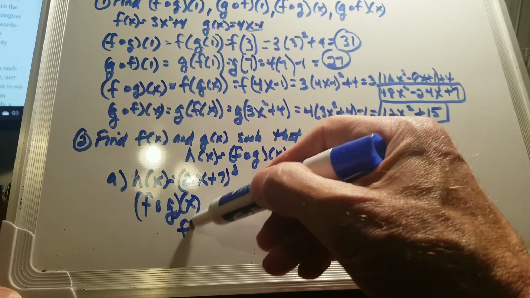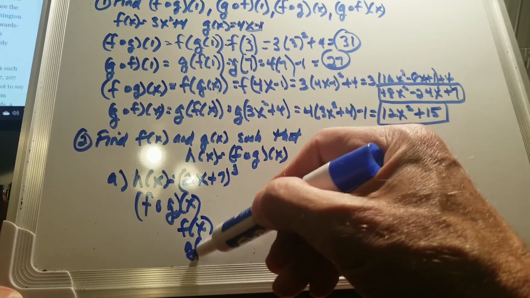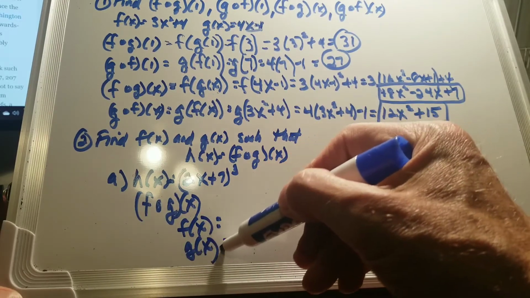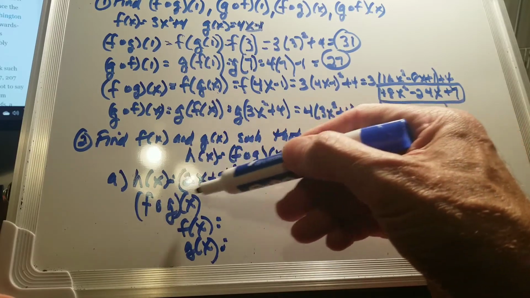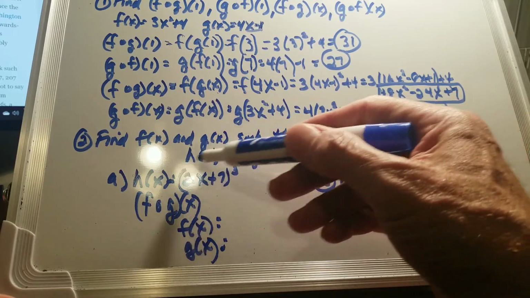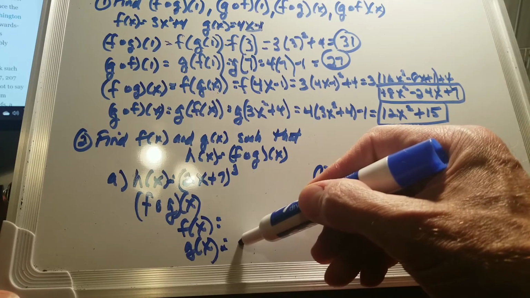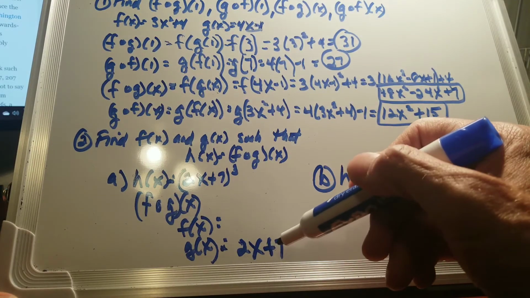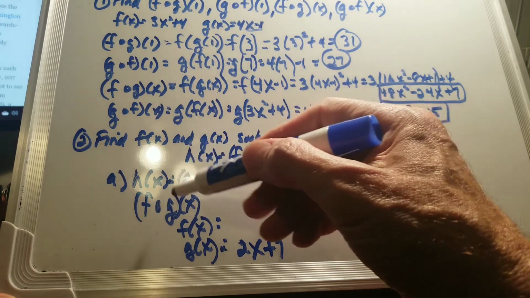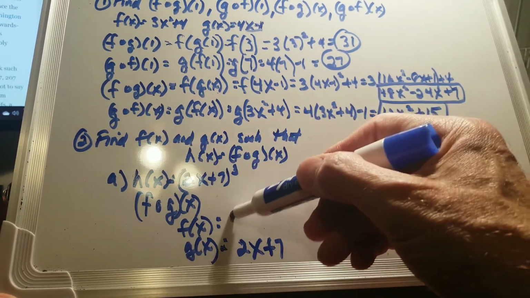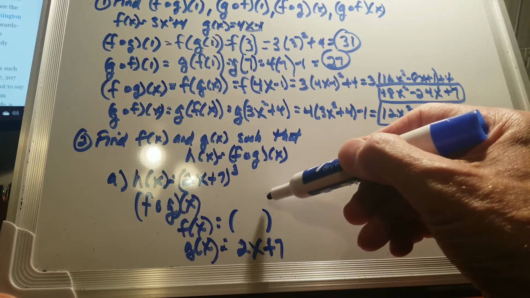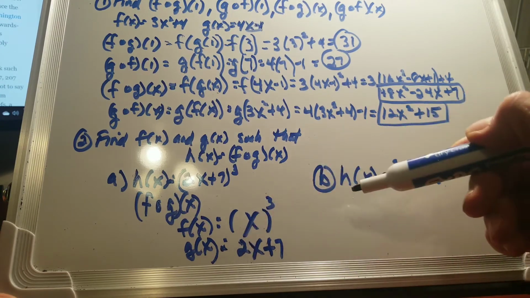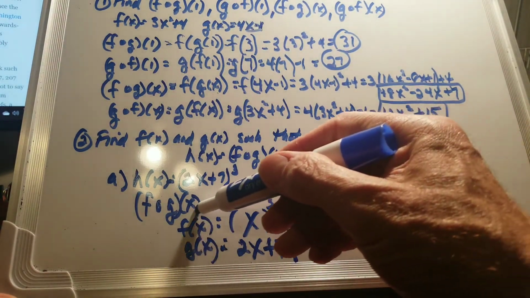So what is f of x and what is g of x? It's really simple. The inside is always g, and f is always the outside, which would be the parentheses to the third power, and put an x in the middle. And there's your answer.